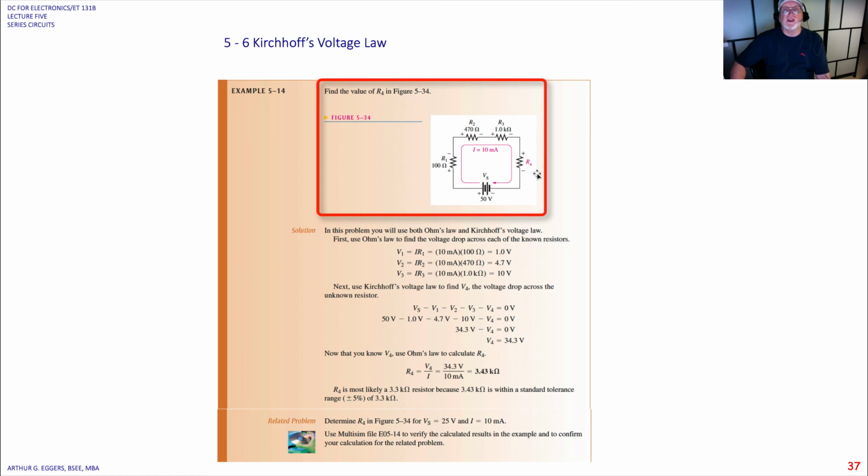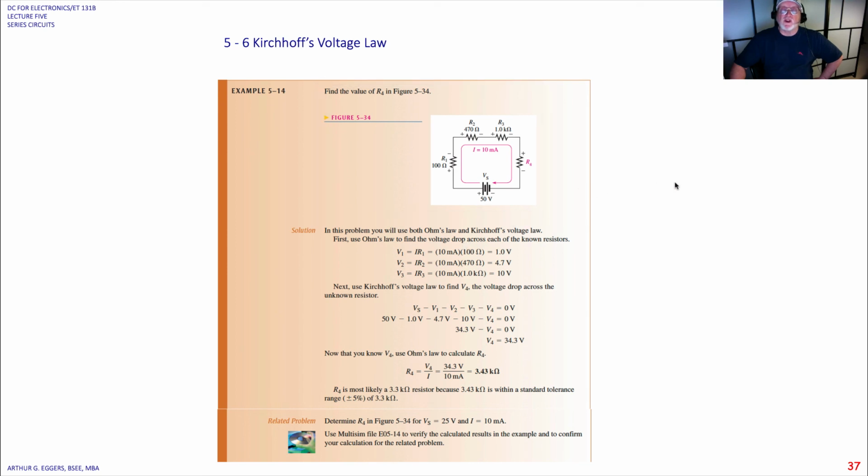R4 does not have a value. So they ask us to find the value of R4 based on what we've learned so far in our analysis. So maybe we're going to use Kirchhoff's voltage law to solve this type of relationship. When we come back, we're going to finish this problem and solve how we do that.